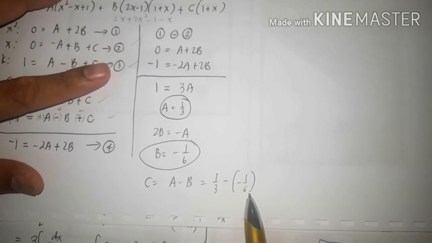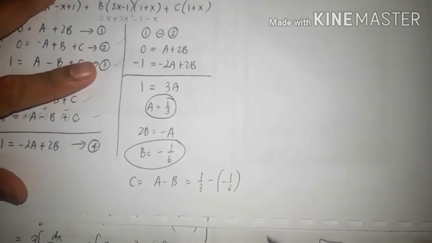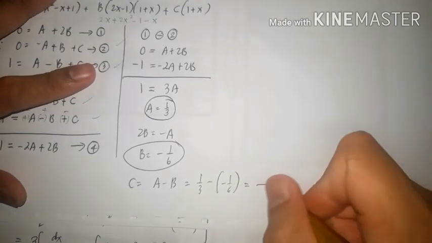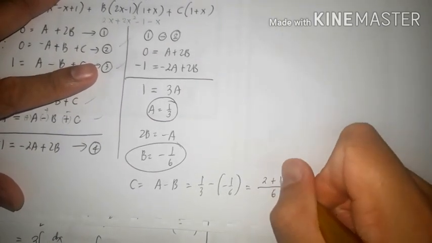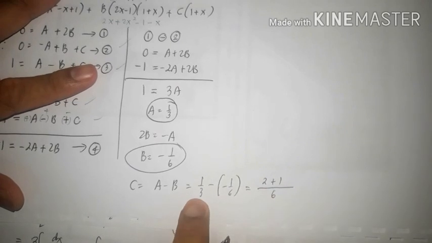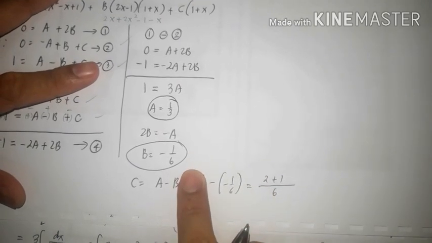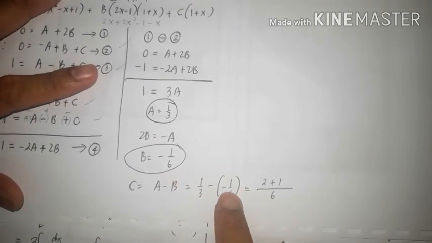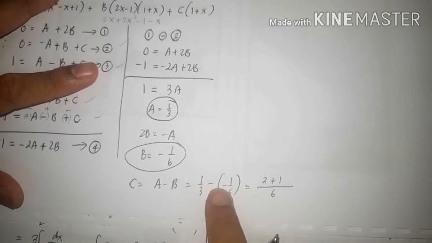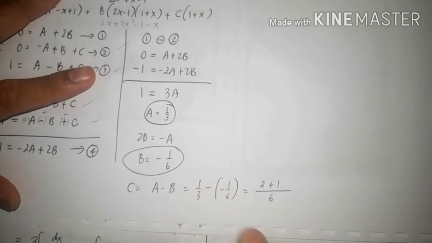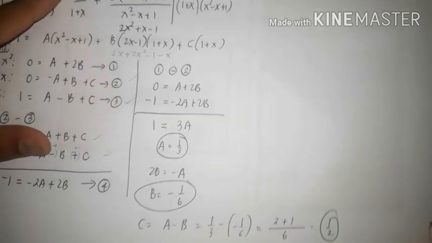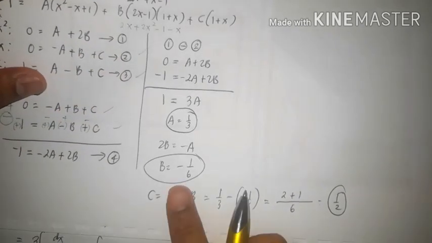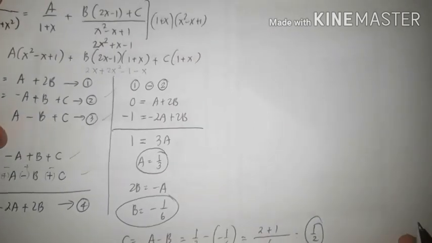Since B is negative, that's positive 1/6. 6 is the LCD, so you have 6 minus 2 plus 1 over 6, which is 3 over 6, which is 1/2. So C is 1/2, A is 1/3, and B is negative 1/6.